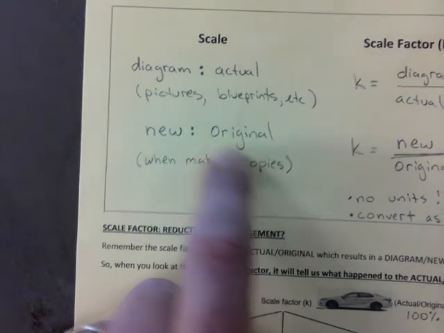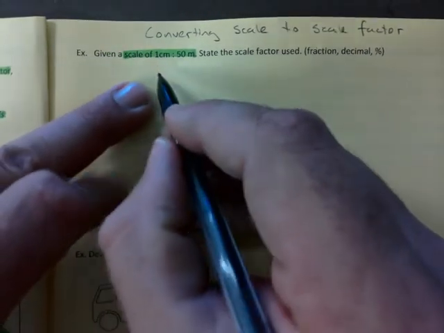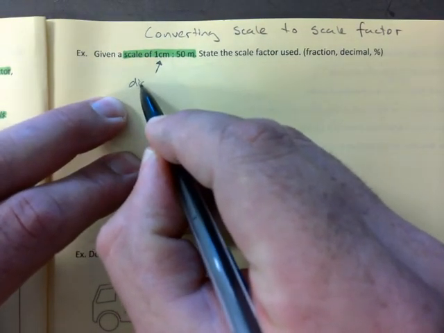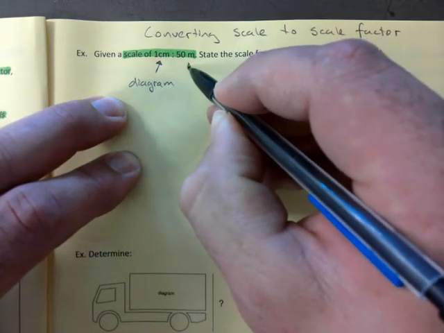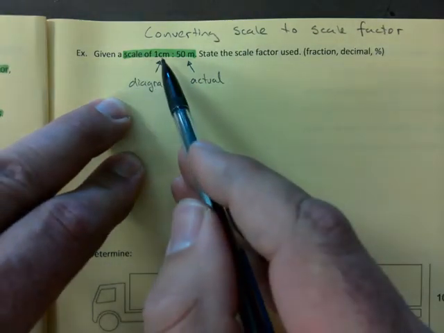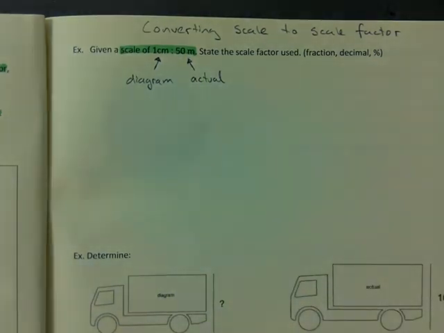And I'll show you that in a bit. But let's just stick with one of them. We know that this would be representing the diagram. And this is what it's in reality, right? The actual. So we know that every centimeter on our piece of paper represents 50 meters in real life and on the actual landscape, okay?